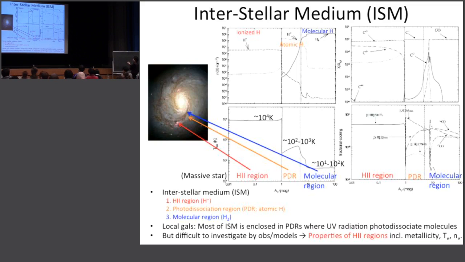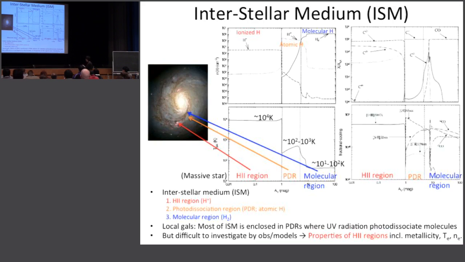This shows the temperatures of the H II region, PDR, and molecular region: 10,000 K, 100 to 1,000 K, and 10 to 100 K. If this is true, then the photodissociation region is quite representative of the ISM, but it is very difficult to characterize the ISM state, like the metallicity and the ionization state.